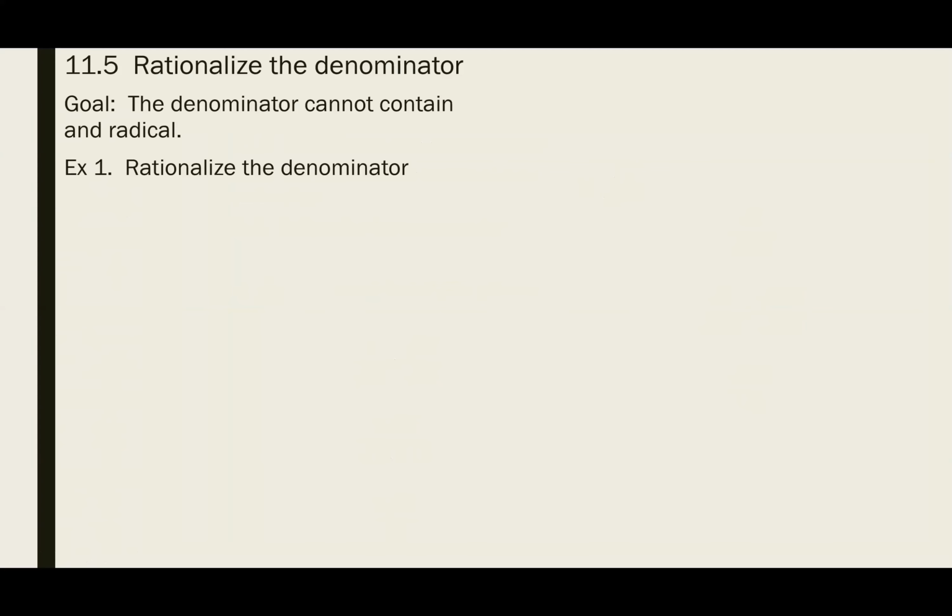And the rationalization basically tells you that whatever your expression is, we just don't want the denominator to contain a radical. That's our goal whenever they ask you to rationalize the denominator. Your numerator can be whatever they want it to be, but in the denominator we don't want a radical symbol.